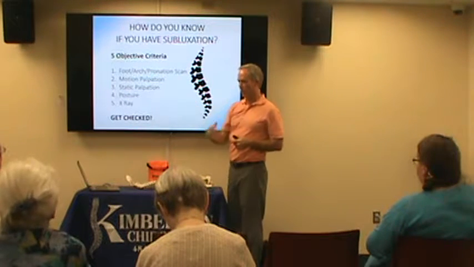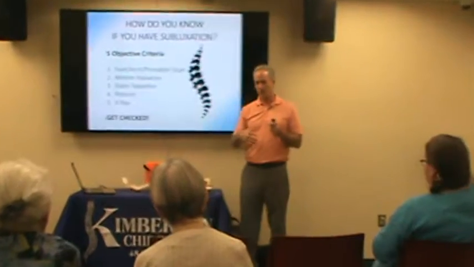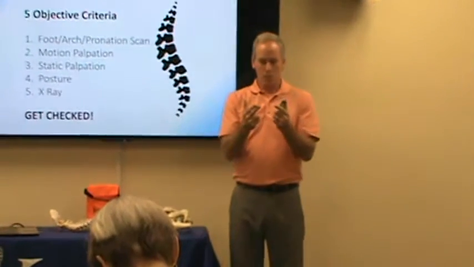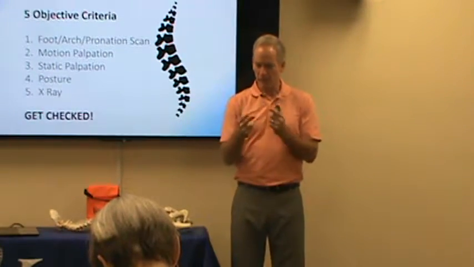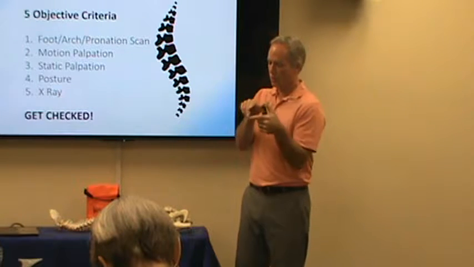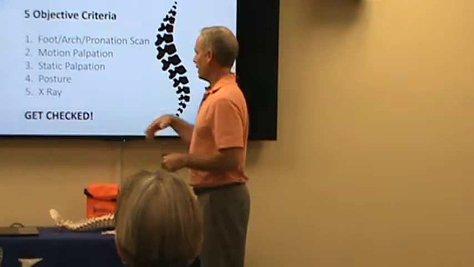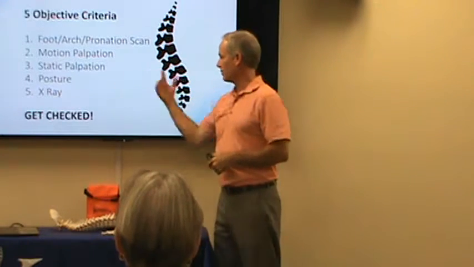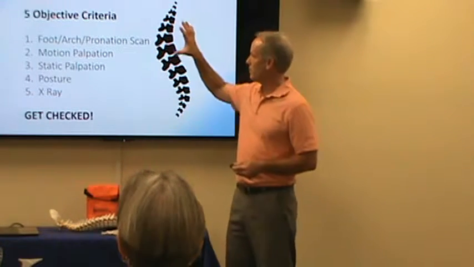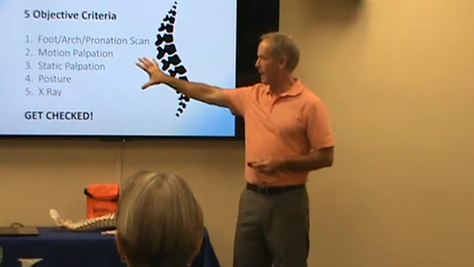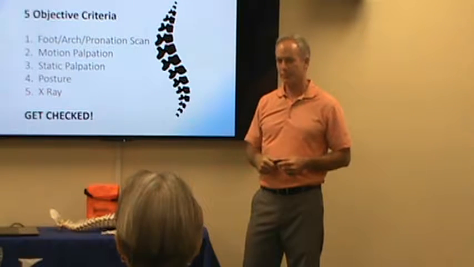Motioning mostly goes on in the table. Every time we check a patient, once we determine if we can help them, we motion the vertebrae. And it's the vertebrae that aren't moving that we're reestablishing proper motion to. Posture, and then X-ray gives us all that information. So those are the 5 objective criteria we look at to see if we can help a person.